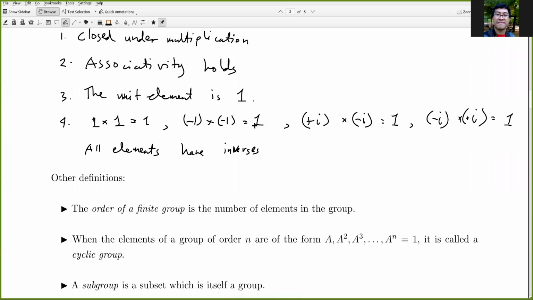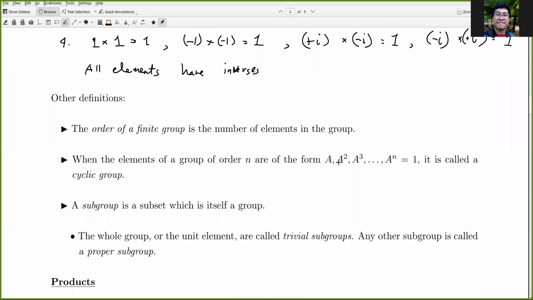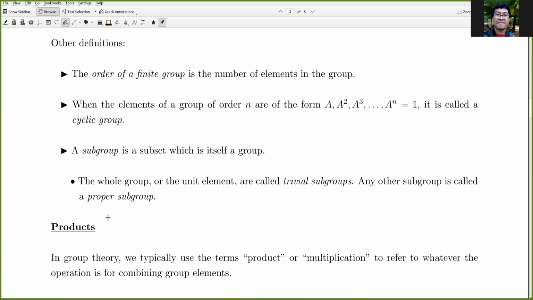So among a1 up to an, you choose, let's say, the first two. If that creates a group, then it's a subgroup. The whole group is a subgroup. The unit element, say 1, is a subgroup because by itself it is a group. They are called trivial subgroups.